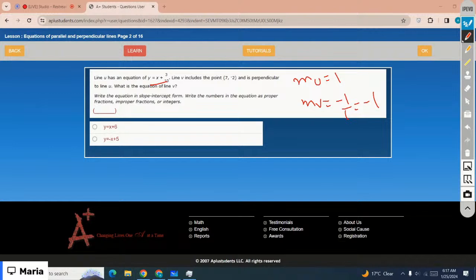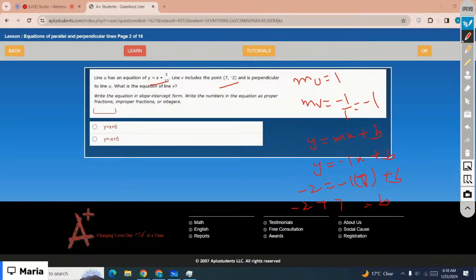Just use the equation y equals mx plus b. m is negative 1, so y equals negative 1x plus b. Use this point and calculate the value of b. y is negative 2. So negative 2 equals negative 1 times 7 plus b. So b equals negative 2 plus 7.